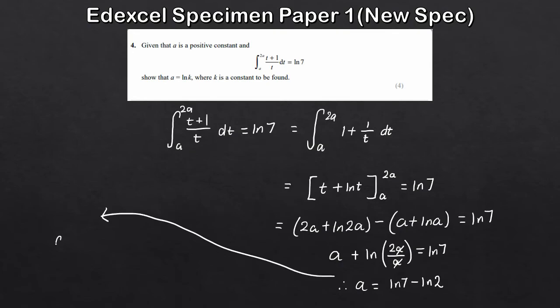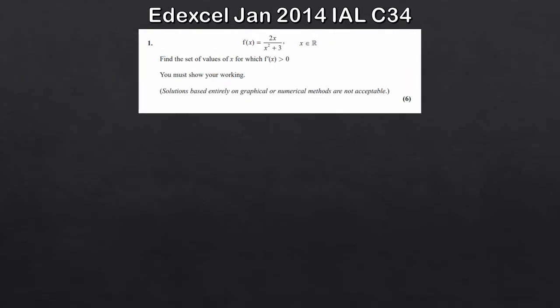So a is equal to ln of 7 over 2. Okay, because we're subtracting logs, we write that as a quotient. Okay, so a is just simply ln 7 over 2, where k is 7 over 2. Nice and easy. Another question done there. Nice and easy. Oops, we're going too fast.